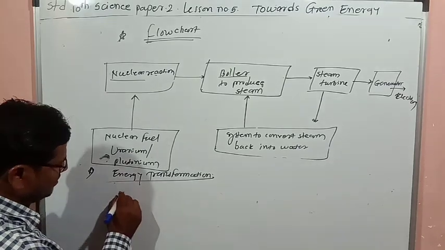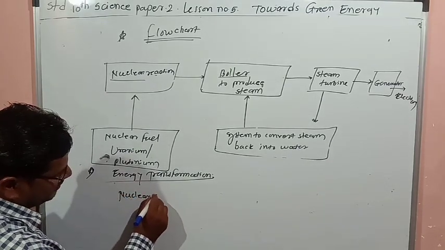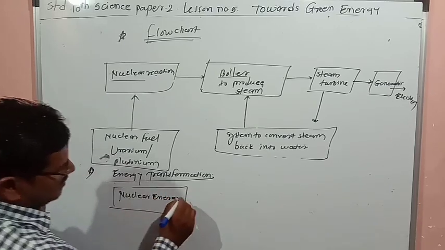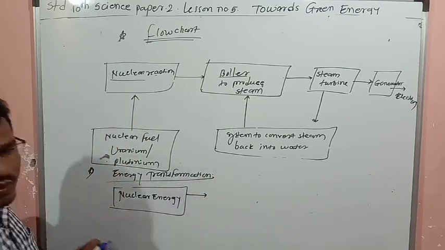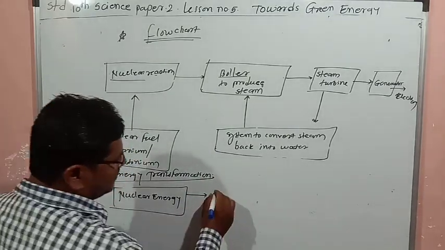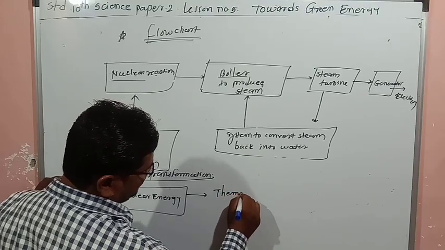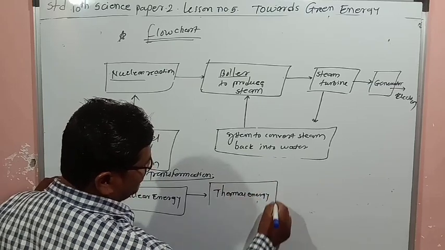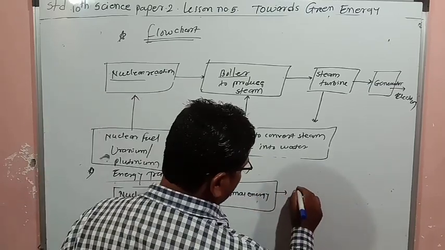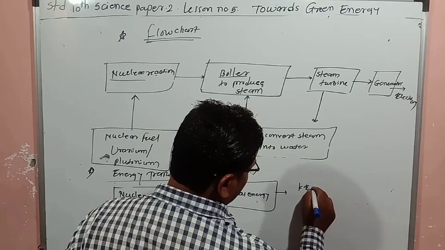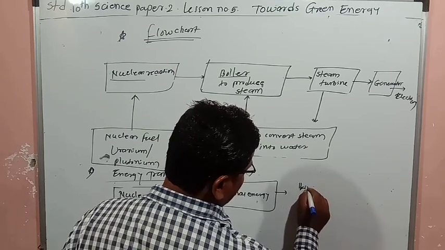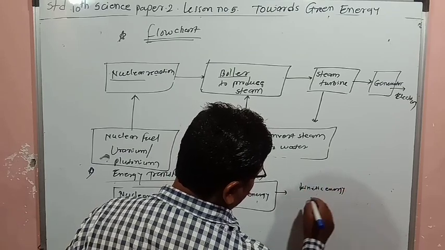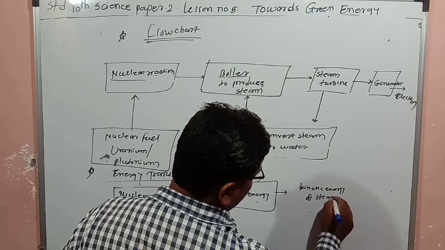So first there is nuclear energy. Nuclear energy is converted into thermal energy. Thermal energy is converted into kinetic energy of steam.